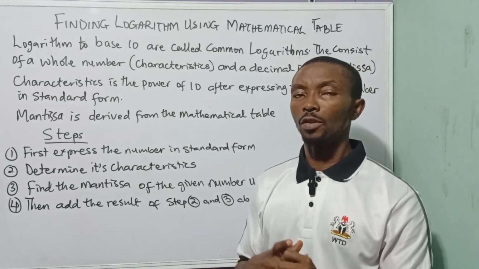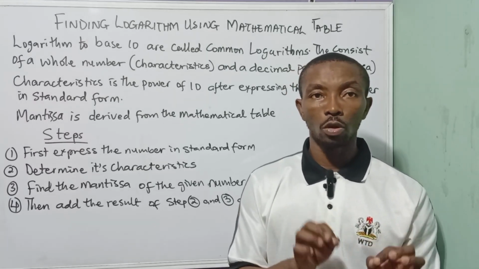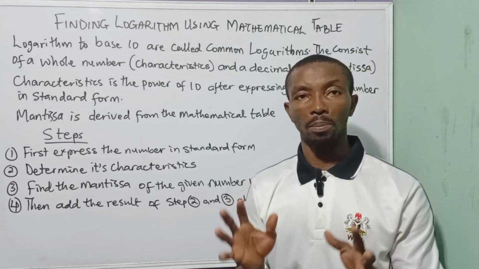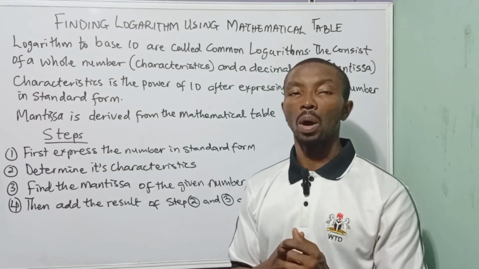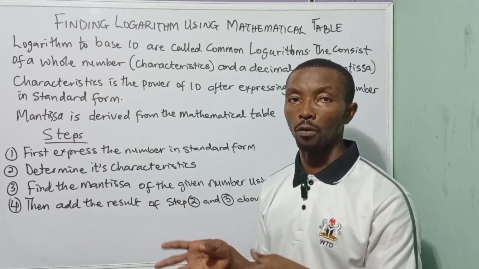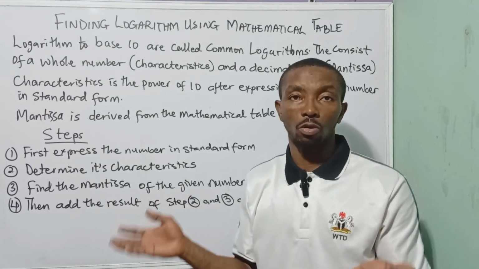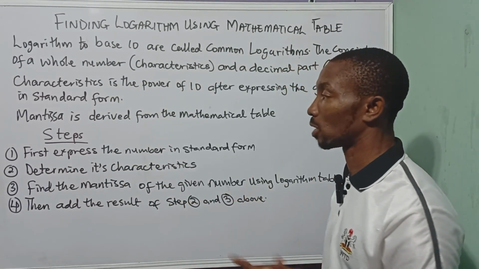I'll take that again. The number of times your decimal point is being moved to put your number in a standard form forms the characteristics, while the mantissa, on the other hand, is derived from your four-figure or log table or mathematical table. Your mantissa is derived from your mathematical table.